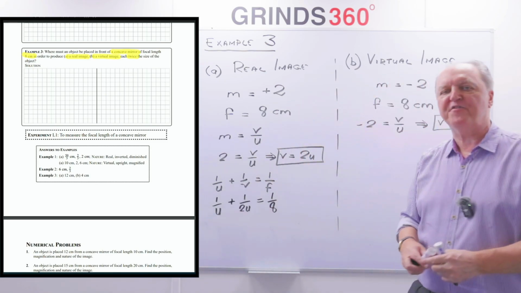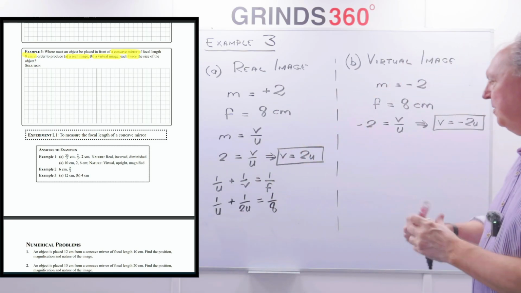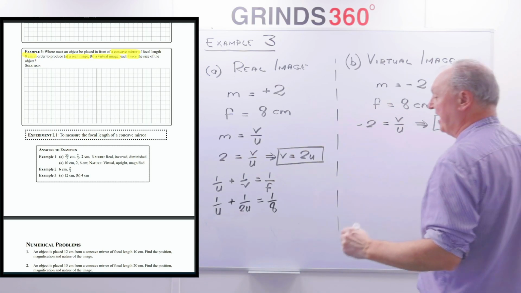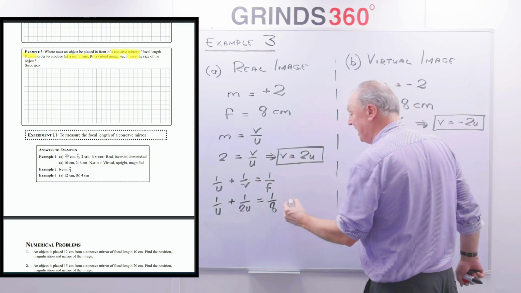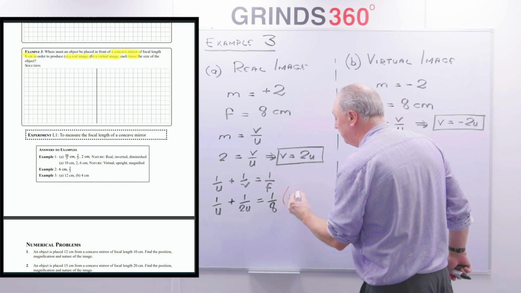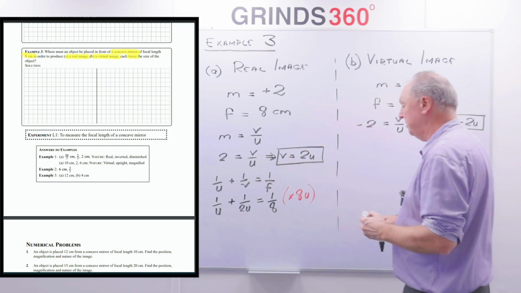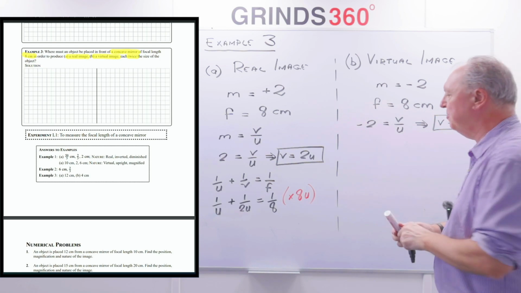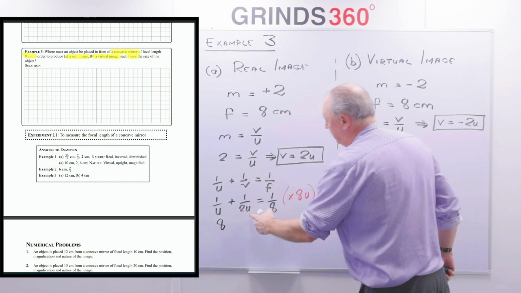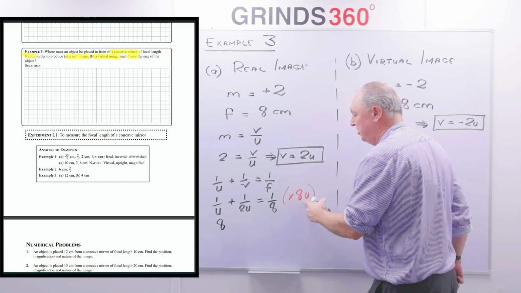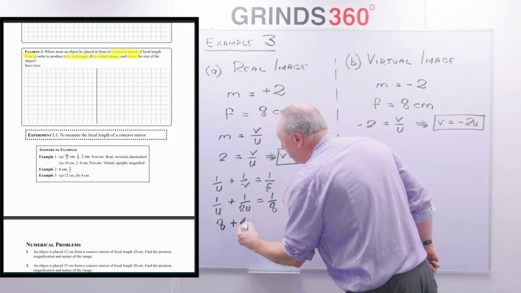Now I'm going to solve that for u. Well, once again, get rid of the fractions. What do u, 2u, and 8 all divide into? And the answer would be 8u. So multiply all terms by 8u. So 8u over u is 8. 2u into 8u gives me 4.